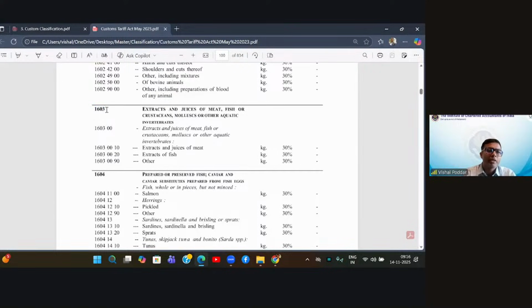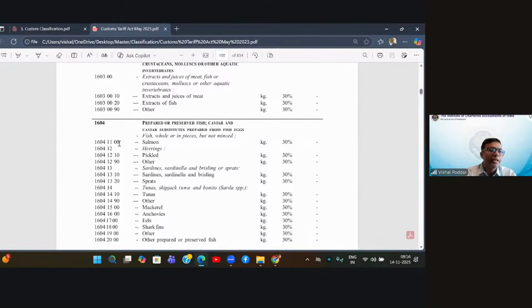It has only 4 digits because it is the heading, and it has 6 digits because this is the first subheading of this heading, and these are subheadings. That is why you see the 6 digits continued, and then you have 10, 20, 90. So wherever all 8 digits are given, those represent the subheadings of the main heading.